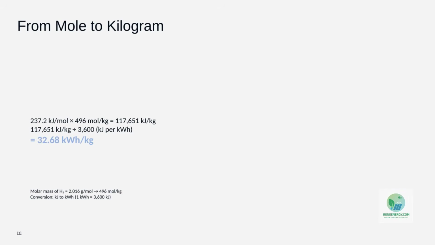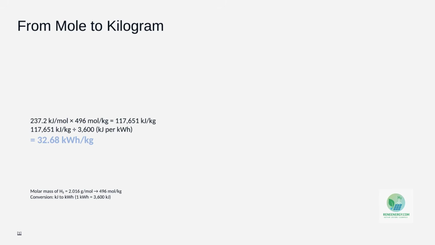Translating thermodynamic values from a molar basis to a mass basis is crucial for practical engineering applications. Our goal is to convert the energy requirement from kilojoules per mole to the more industrially relevant unit of kilowatt-hours per kilogram of hydrogen. We begin with the Gibbs free energy change, which is 237.2 kilojoules per mole of hydrogen.